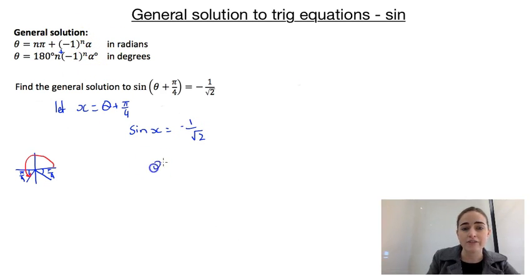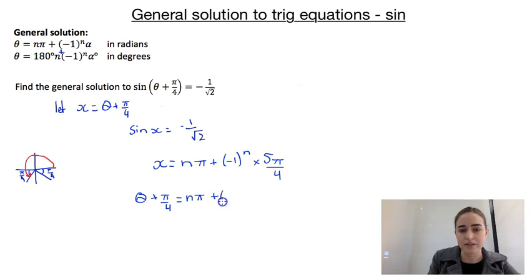So that means we're going to have x equals n pi plus minus 1 to the power of n times 5 pi on 4. Now if we replace our x, we're going to have theta plus pi on 4 equals n pi plus minus 1 to the n times 5 pi on 4. To get the theta on its own, we're going to subtract pi on 4.